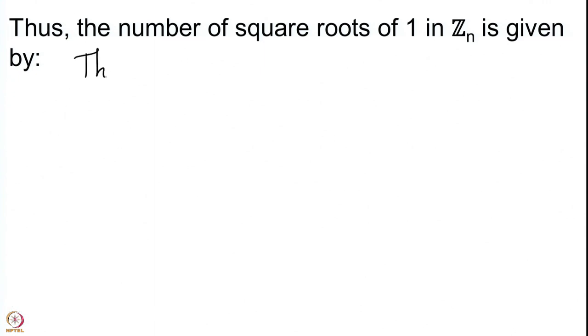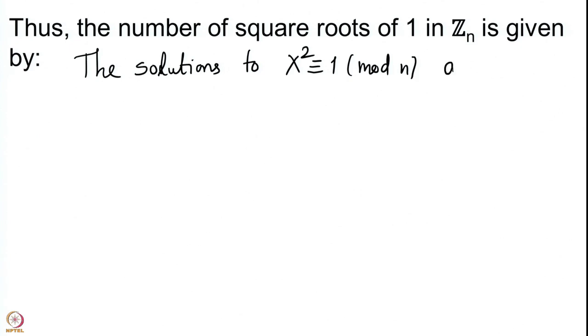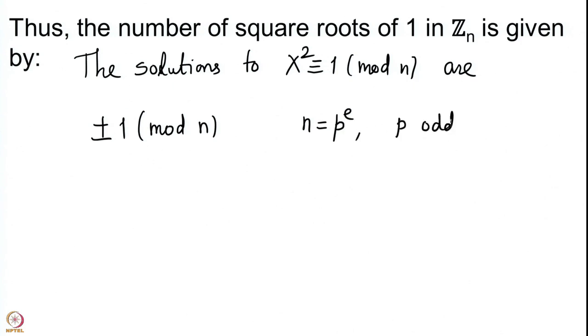So, the solutions to x squared congruent to 1 mod n are plus or minus 1 mod n when you have n to be p power e and p is odd.